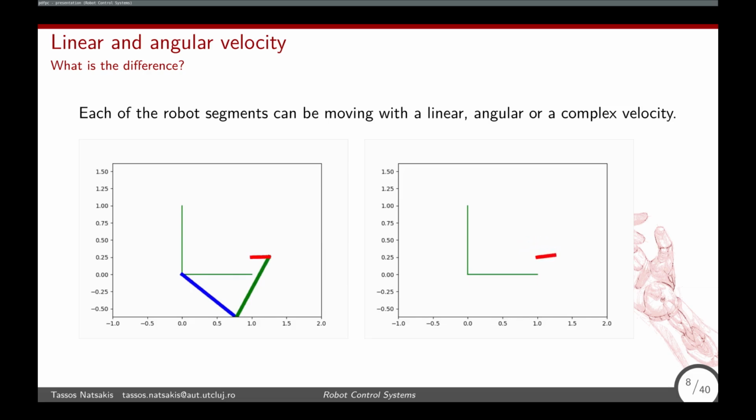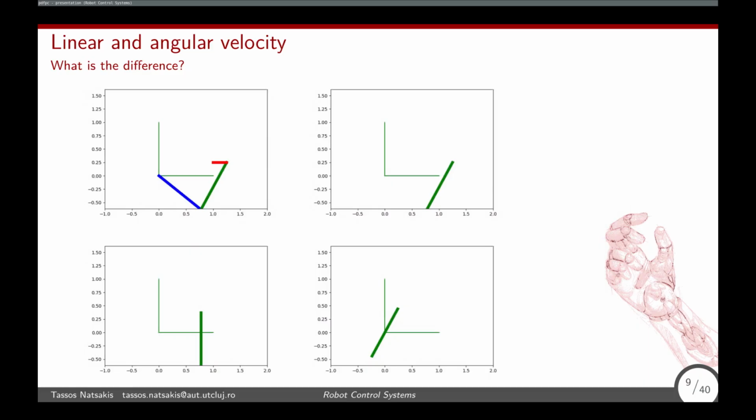Of course, you can imagine I have scenarios where I can have both a linear and an angular velocity combined. Right? So here in the same example, if I look not at the red segment, but at the green segment, it basically moves like this if I isolate it. And we can decompose this into 2 different types of velocity.